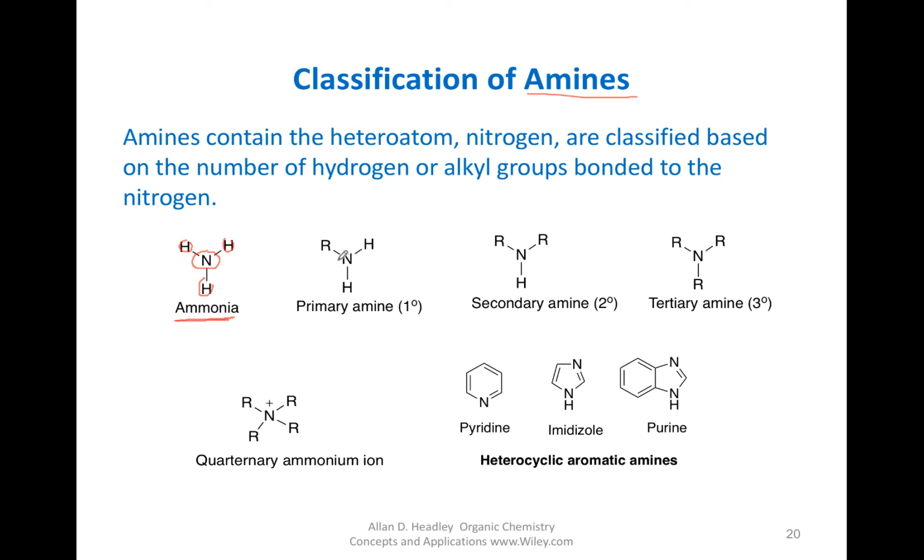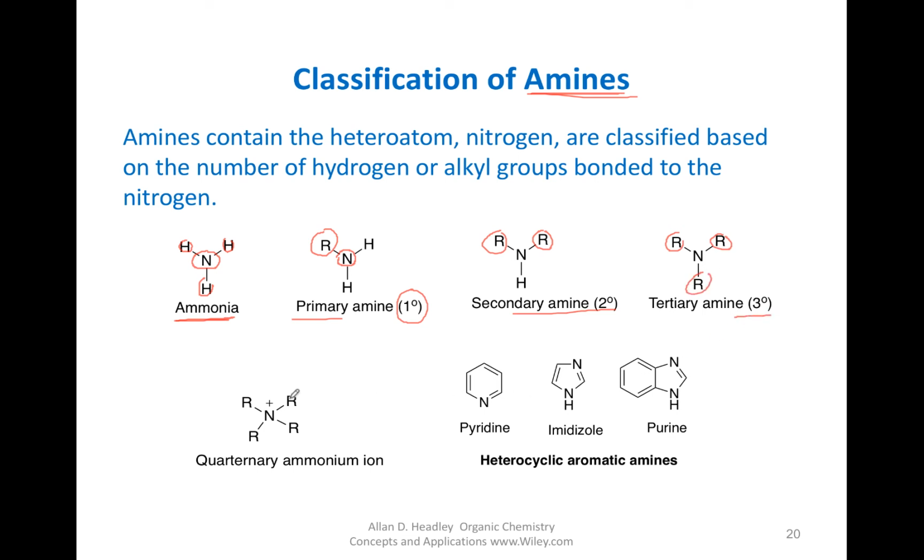If you have the nitrogen, which indicates the presence of an amine, so notice the amine has the nitrogen, the heteroatom nitrogen. If there's one alkyl group that's bonded, it's called a primary amine. Sometimes you'll see it written as 1 superscript 0. If it has 2 alkyl groups, it's a secondary. And of course, 3 would be a tertiary amine.